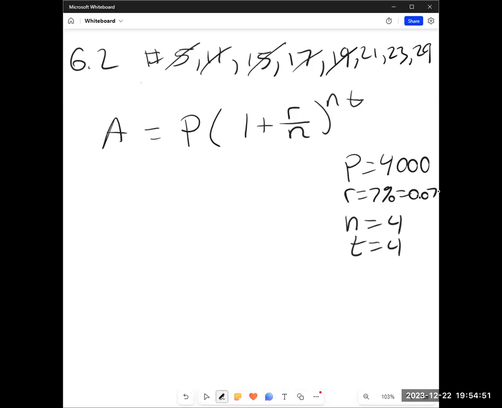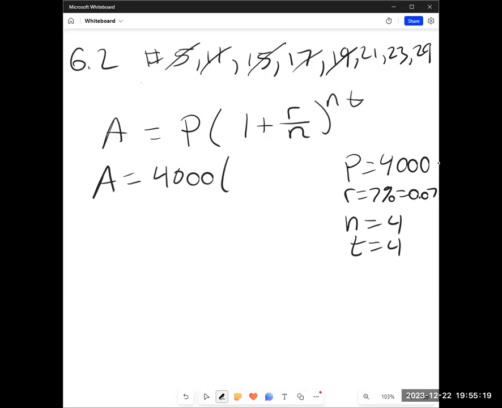So let's say that we borrowed $4,000 at an APR of 7%, and we have to pay quarterly for 4 years. What is the total amount that we are going to pay back, both principal and interest? That would be something that would be using this formula to solve here.